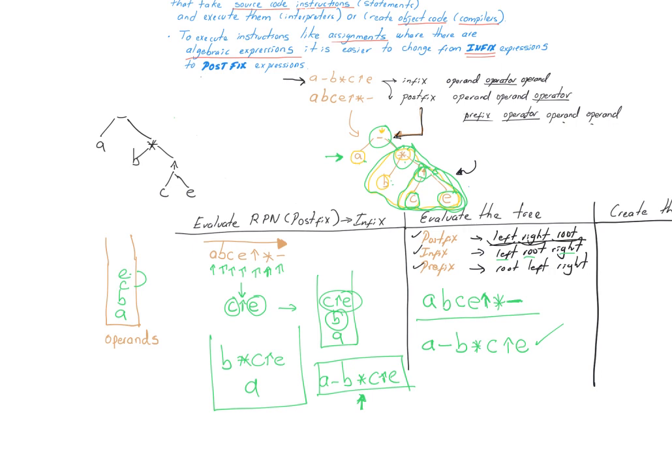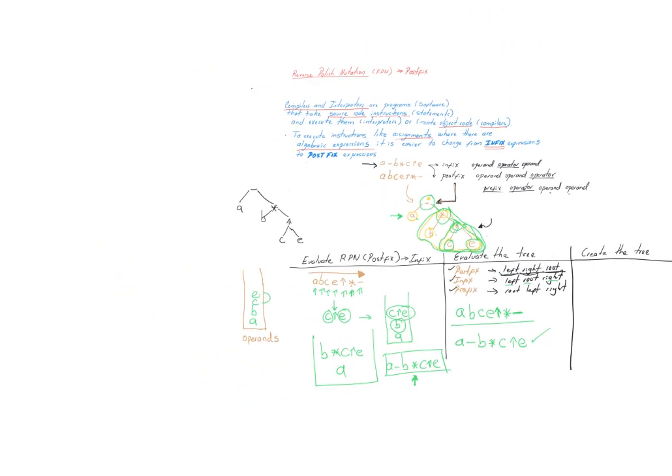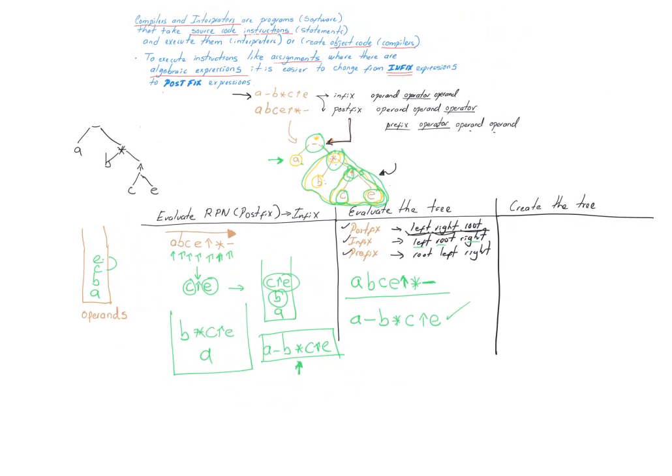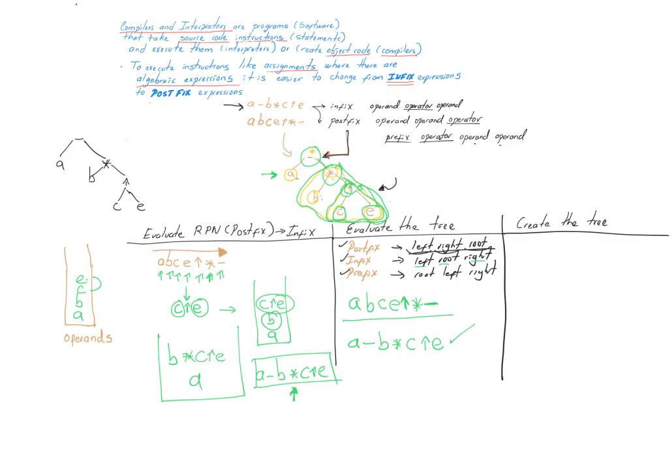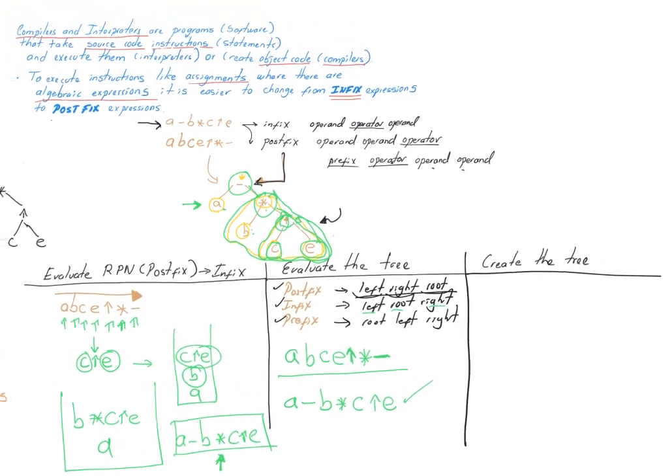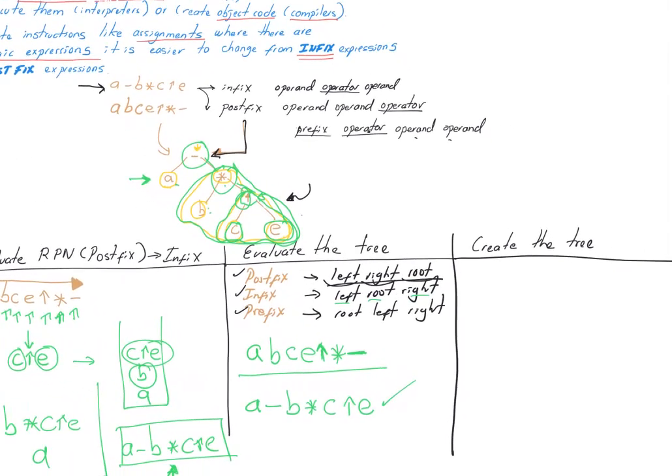Now, as I said, there is another algorithm to create the tree using the infix. Let's try to do that. So in the infix, what you do is again left to right, and you make the simple case the general case.